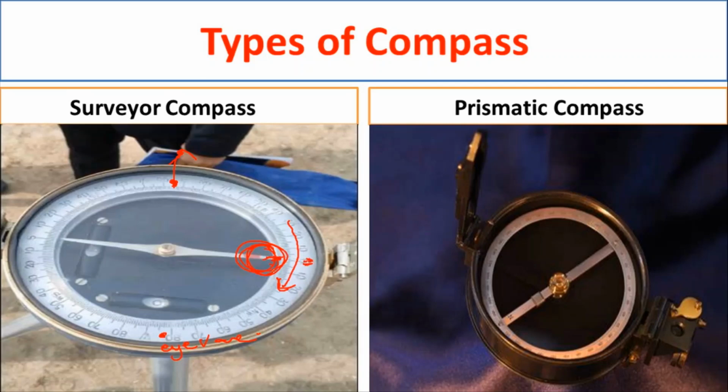So here what we have to do is, first we have to sight the object, then we have to come to this point and we have to check what is the reading. So first you have to do the sighting, then you have to take the reading.